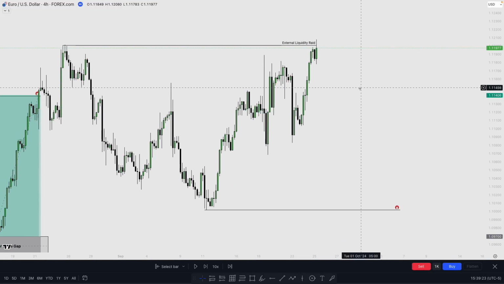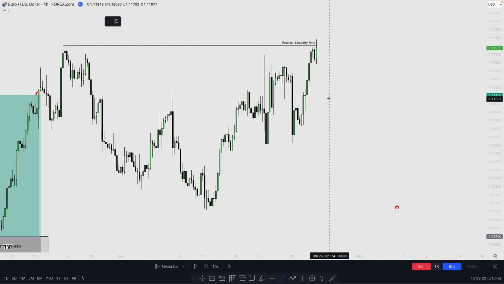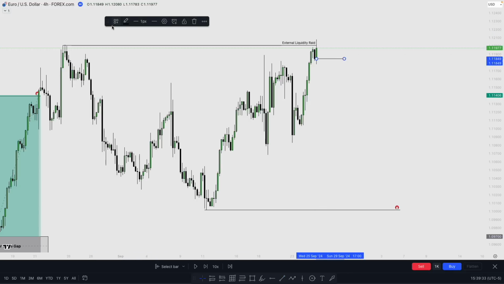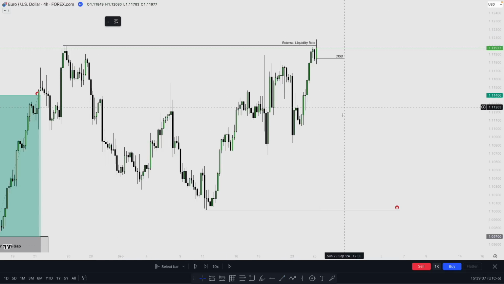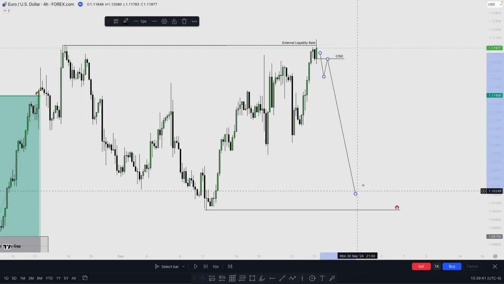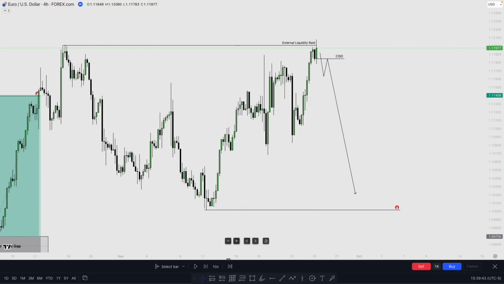Now, what can we do? We can either wait for a market structure shift or we can wait for a change in the state of delivery. If we are going for a change in the state of delivery, I would want to see a body closure below this candle's opening price. This gives us our valid change in the state of delivery to target this swing low.